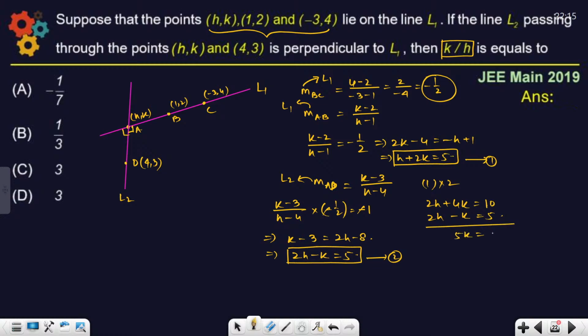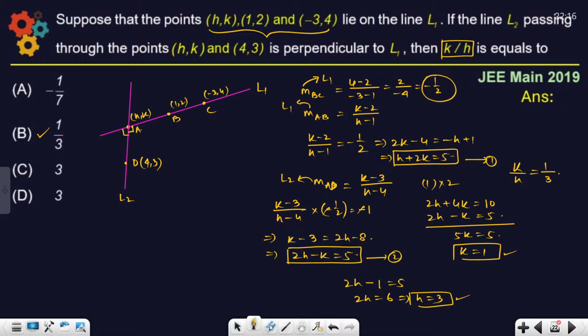So K is coming to 1. Right? If K is 1, then what will be your H? From the second equation, H is basically 3. Is it clear? So H is 3, K is 1. Therefore, your K over H gives us 1 over 3. That is option B is correct.